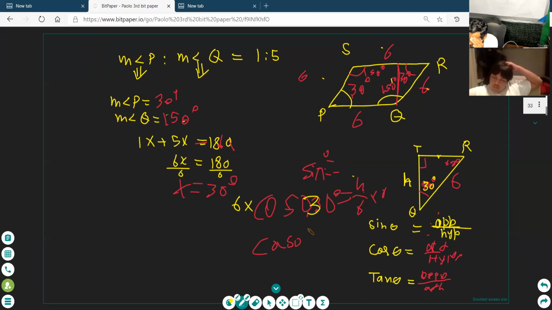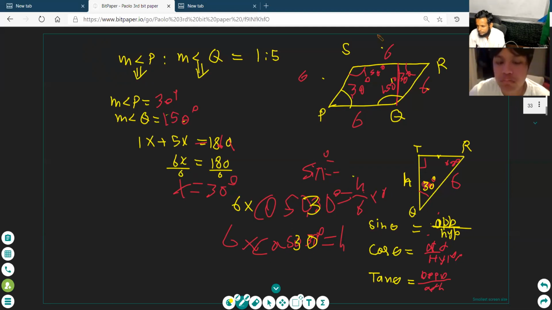We cannot multiply 6 to the angle. Cos only, and 6 is equal to h. Use your calculator and find the value of h. Okay, so 30. What is the answer?